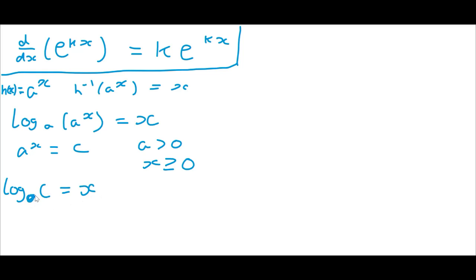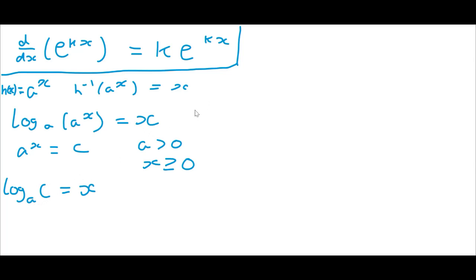Okay, so that's the same definition. It's just a to the x is equal to c. But the point is, the answer you get is the power needed to get your input from the base.